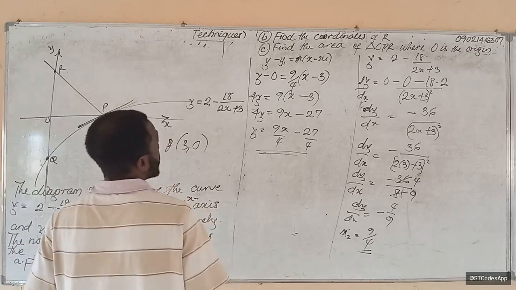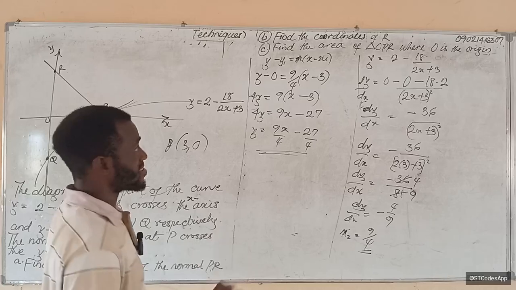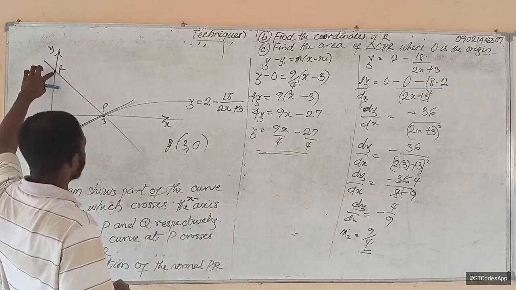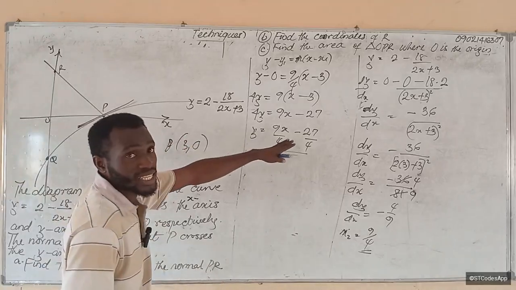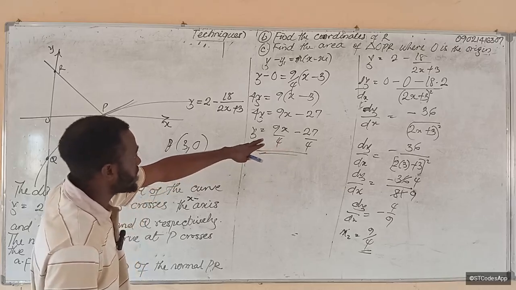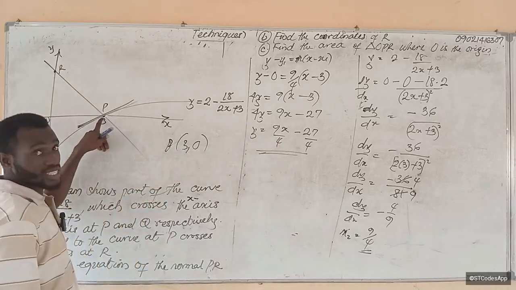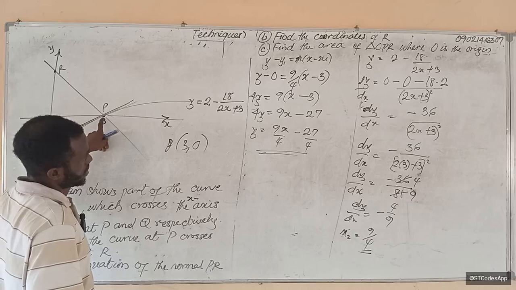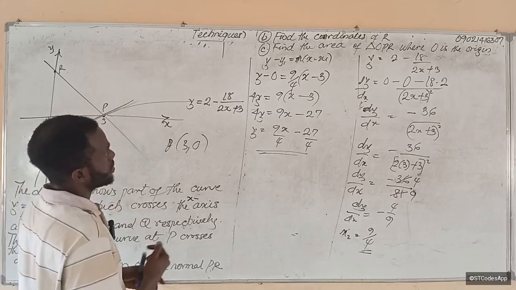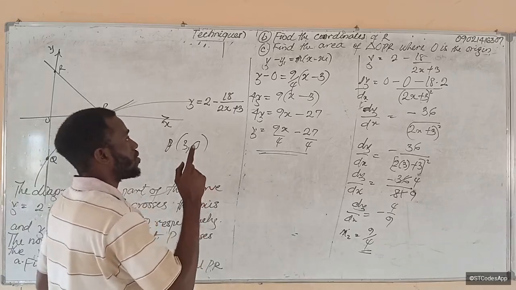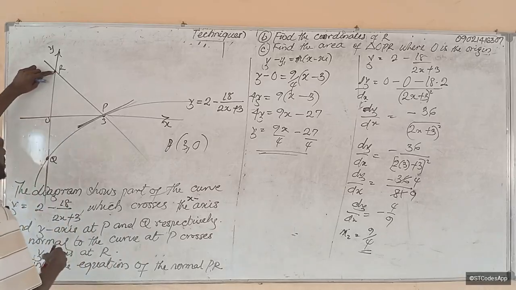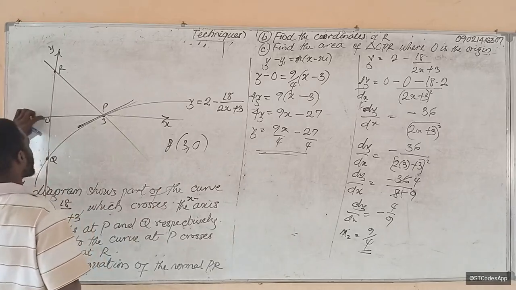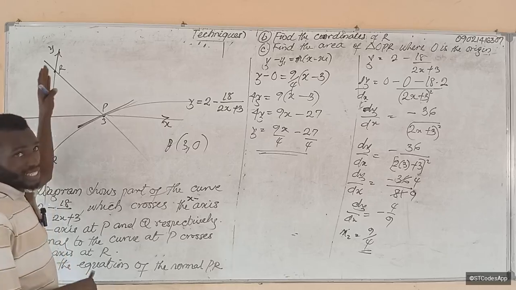Then part B now says that we should find the coordinates of R. It's very simple. Since we have the equation of the line, we need the coordinates. We already have 1 point, which is 3. Want to find the coordinates of R. You know at R, x will be 0 because it's on the y axis.